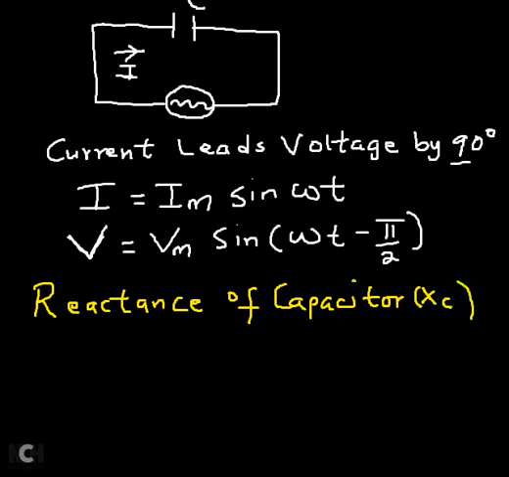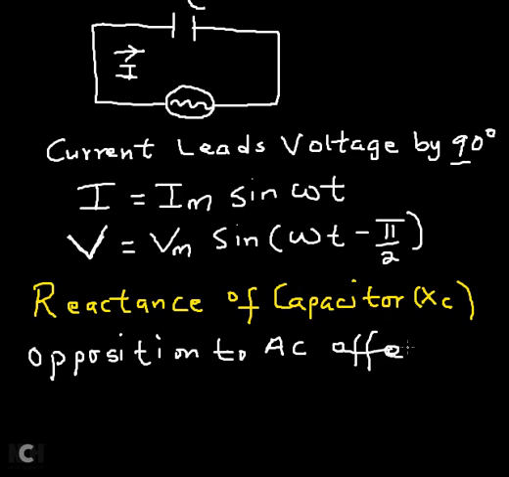So what is reactance? Reactance is simply the opposition to the flow of AC. The capacitive reactance is the opposition to the flow of AC offered by a capacitor. That is why I call it the reactance of the capacitor, or capacitive reactance.